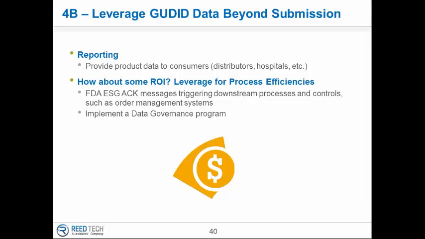So whatever their process was before, where they had complicated order management systems or a process in place to initiate a shipment, they automated all of that, tying it back to the FDA response to your submission. I thought that was pretty remarkable, and I just wanted to share it with everybody to get the thoughts going on what you can do with this data.